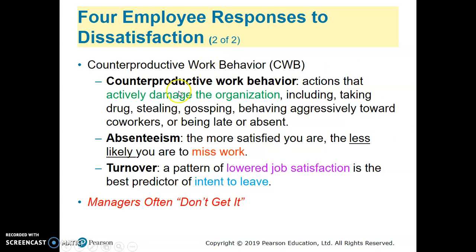So these are among the negative ways employees react to dissatisfaction at work. They may also miss work and they may intend to resign. So among the problems of job dissatisfaction, it will lead from one negative thing to another. Okay, that's it.